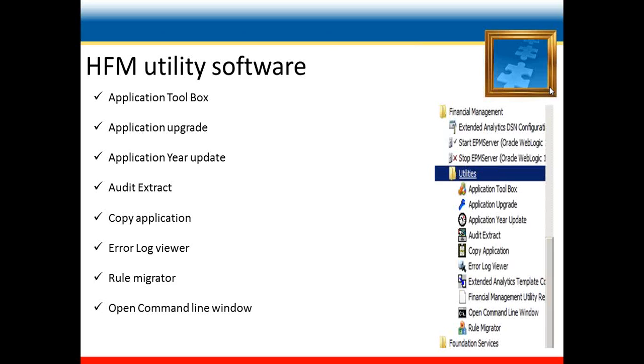The rule migrator utility, it migrates classic.rle file to calculation manager file, which is stored in .xml extension. Open command line window. You use this utility to use copy application, audit extract and rule migrate utility in the command prompt.